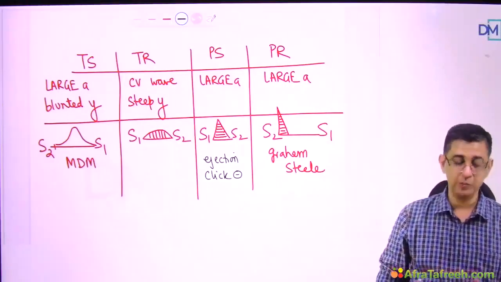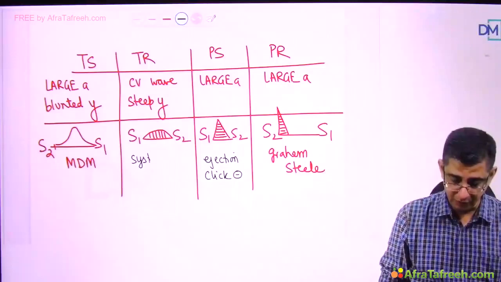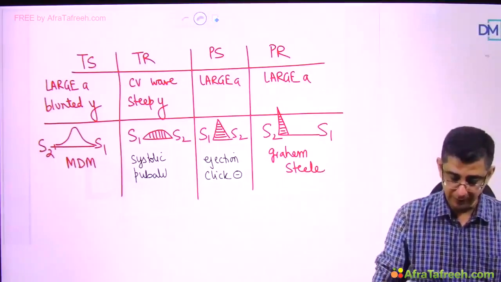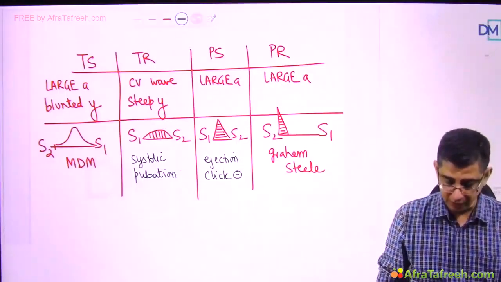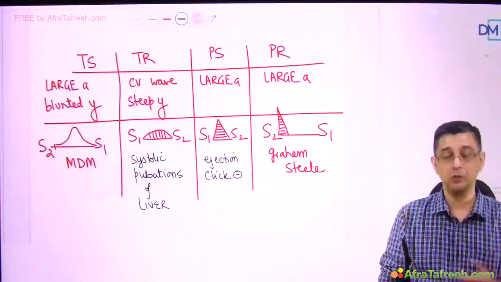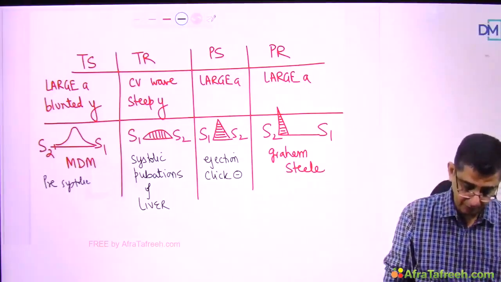With respect to tricuspid regurgitation, you can remember an additional feature of systolic pulsations of the liver. He might write pulsatile liver, or he might write systolic pulsations of the liver. On the other hand, when it comes to tricuspid stenosis, you will again be having pulsations, but these pulsations will occur not in the phase of systole but prior to that, so the word would be a presystolic pulsation.